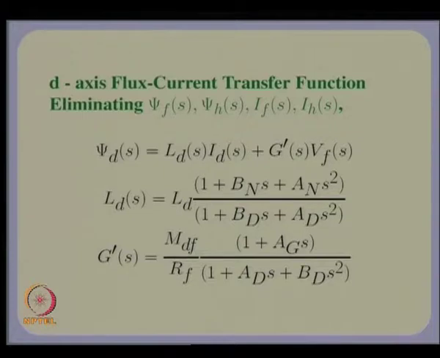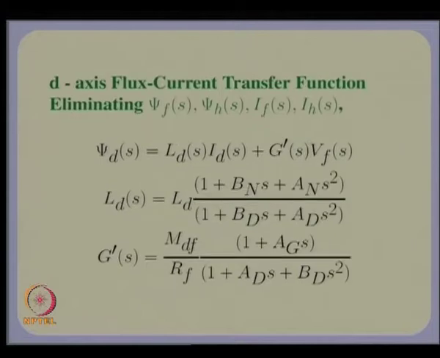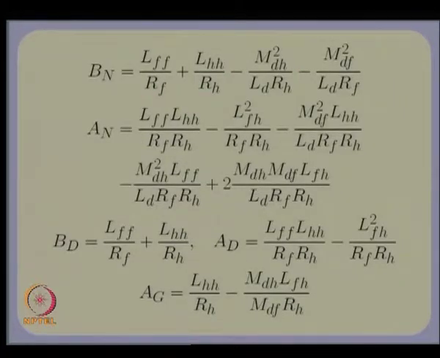If you solve these algebraic equations and get a transfer function of this form, you shall find that b n, a n, b d, a d, a g are related to the basic parameters by these equations. For example, a g depends on L HH, R H, M DH, L FH, M DF and R H. So, these are what we get from the original model.